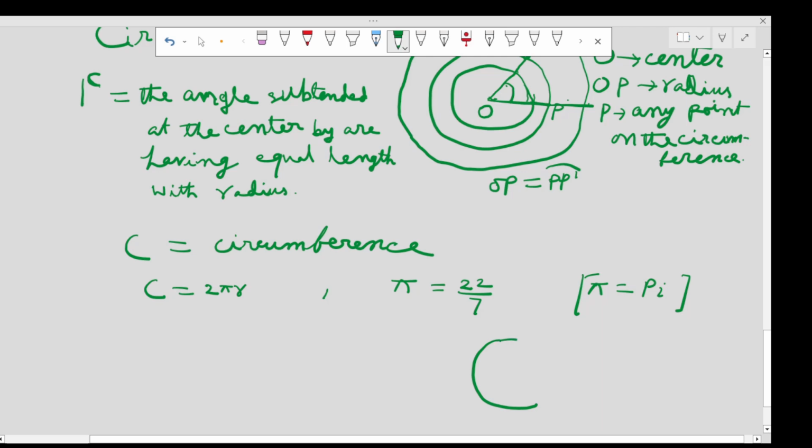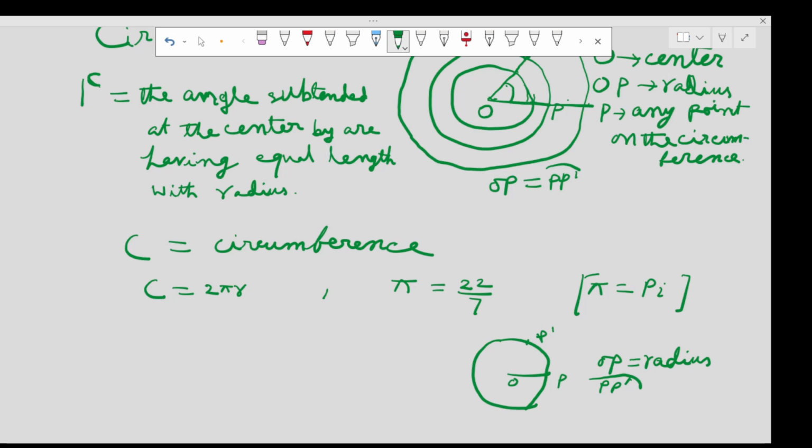Again writing a circle. If OP is the radius and this arc length PP1 is equal to the length of OP, then this angle we have defined before as 1 radian.